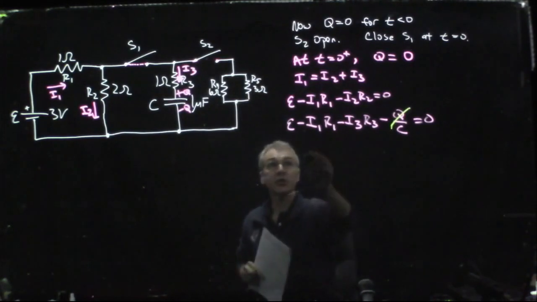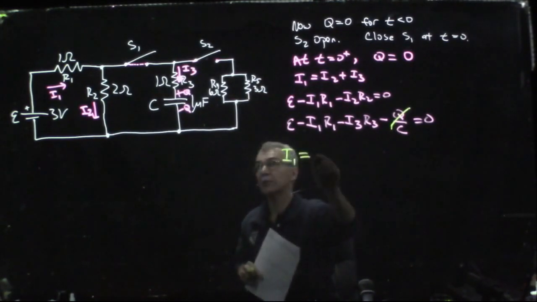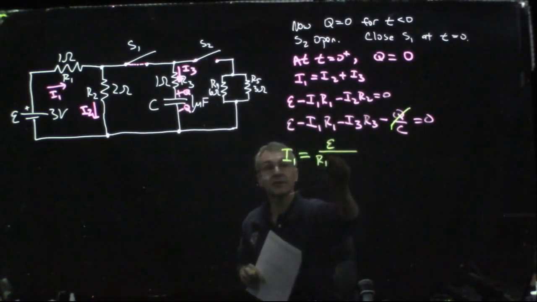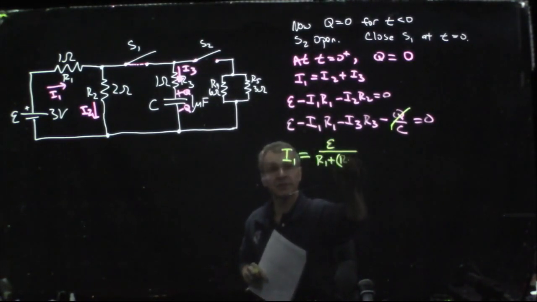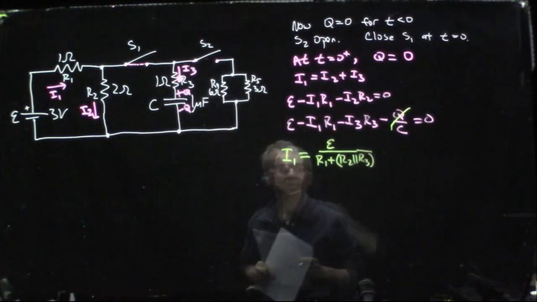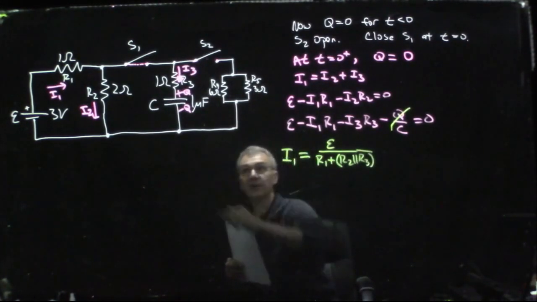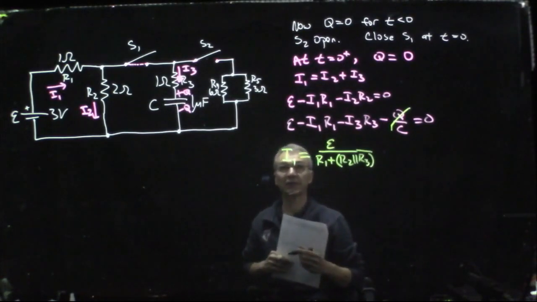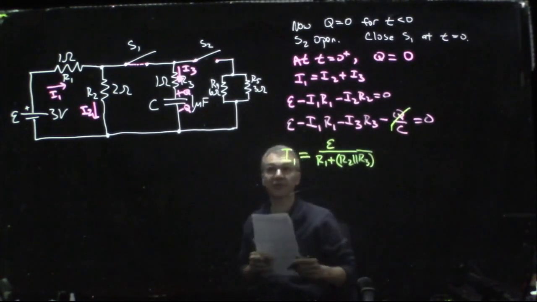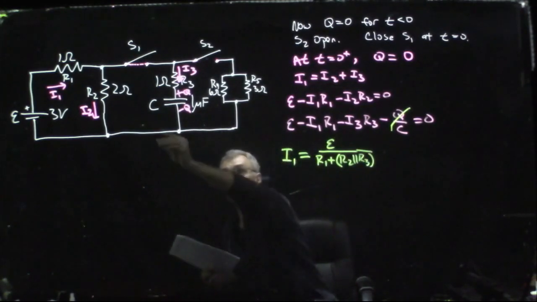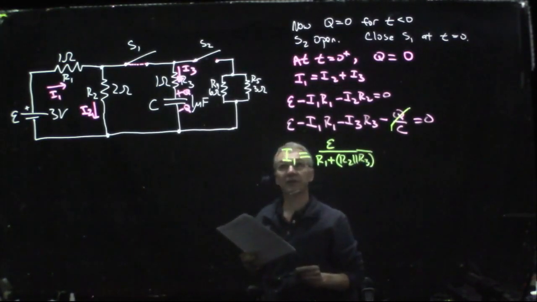We then know I1 equals the battery EMF divided by R1 plus the parallel combination of R2 and R3. You could get all of that to fall out of the math, but you can see it from the fact that when there's no charge on the capacitor, it looks like a wire. It's as if the capacitor were just replaced by a wire, and R2 and R3 are in parallel.